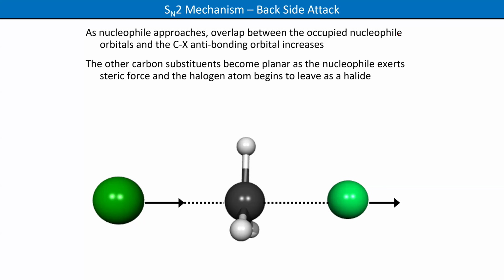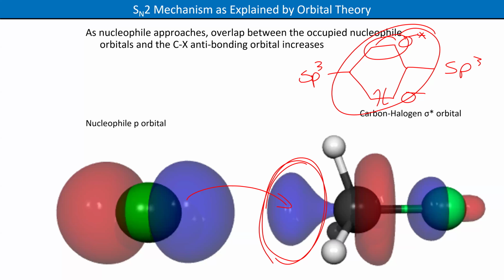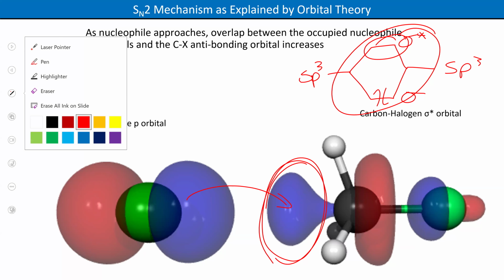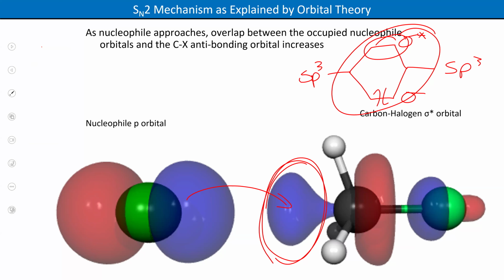Because it's a concerted backside attack, effectively as your nucleophile approaches, you start making a bond between your nucleophile and the carbon as this bond starts breaking.